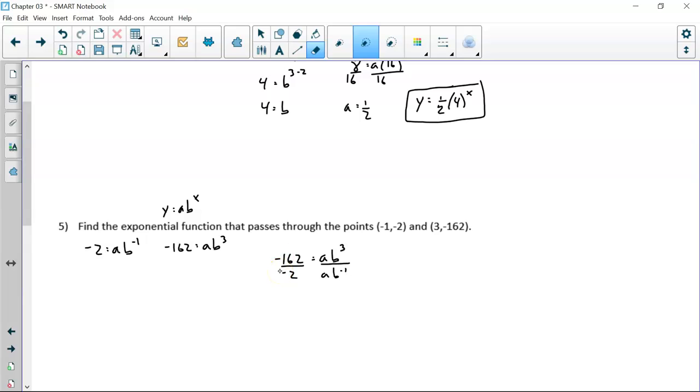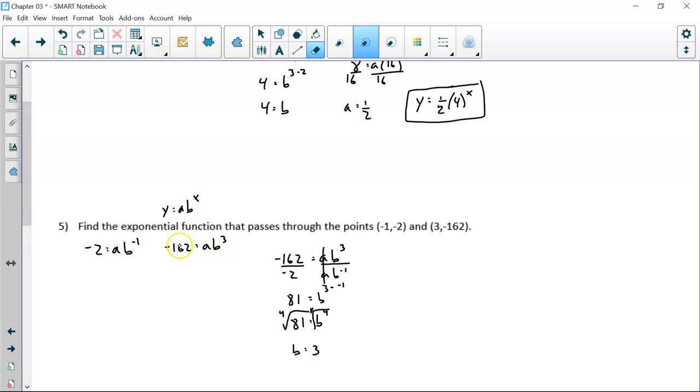Negative 162 divided by negative 2 is positive 81 equals, a divided by a, they cancel. And be careful, for b it's 3 minus negative 1. So 81 equals b to the fourth. Take the fourth root of both sides, b equals, and the fourth root of 81 is 3.